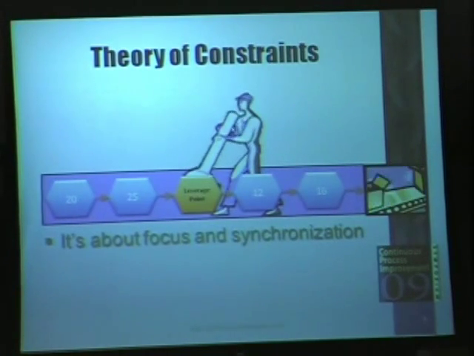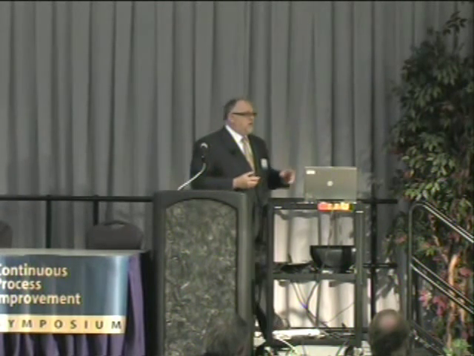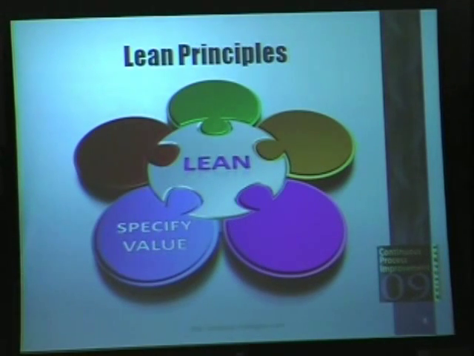TOC, Theory of Constraints, in this context of TLS, continuous improvement, is about focusing, is about synchronizing everything to that leverage point. Now, it also uses Lean, and Dr. Holt talked about Lean briefly, but Lean has these principles of understanding the value that the customer will pay for, and then identifying the processes that create that value and driving waste out of those processes.